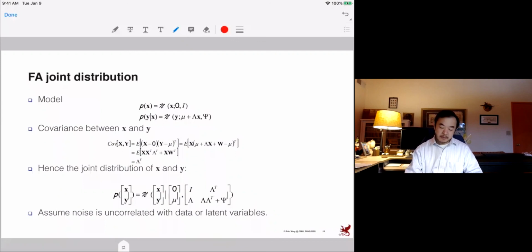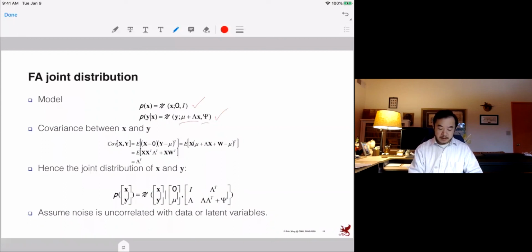To repeat, factor analysis starts with a latent variable x following a lower dimensional Gaussian distribution, and then transformed by a conditional Gaussian distribution of y given x. And here are the parameters of that transformation.